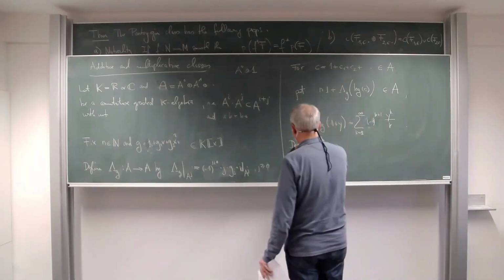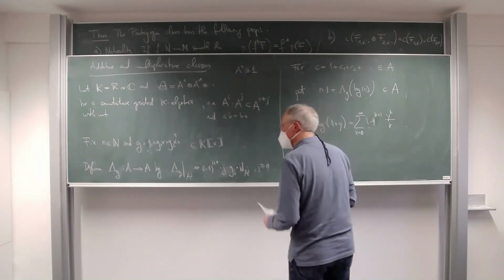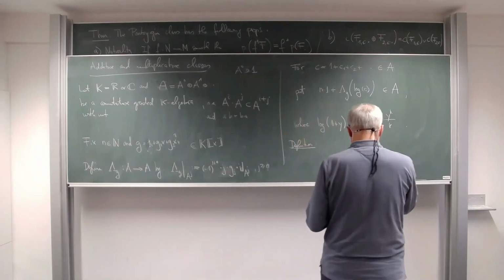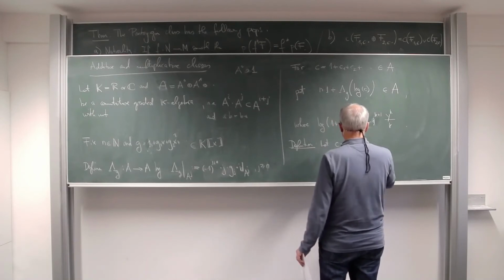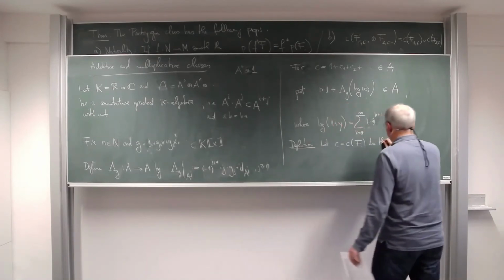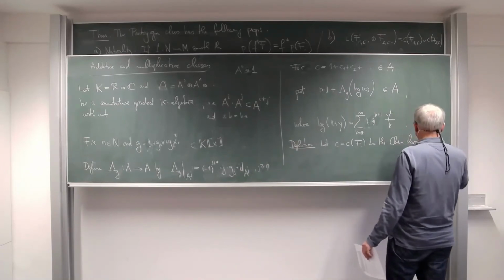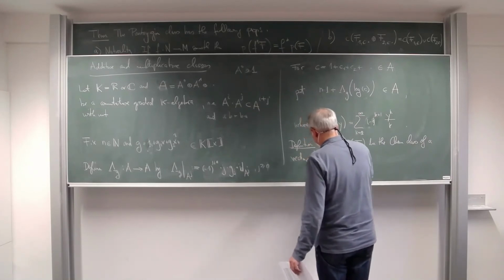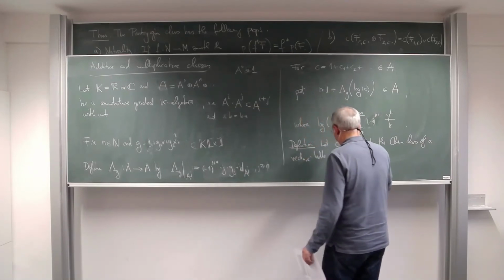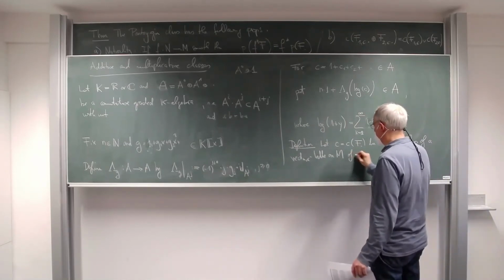Definition. Let C equal to C of F be the Chern class of a complex vector bundle F, a rank n complex vector bundle on a manifold.